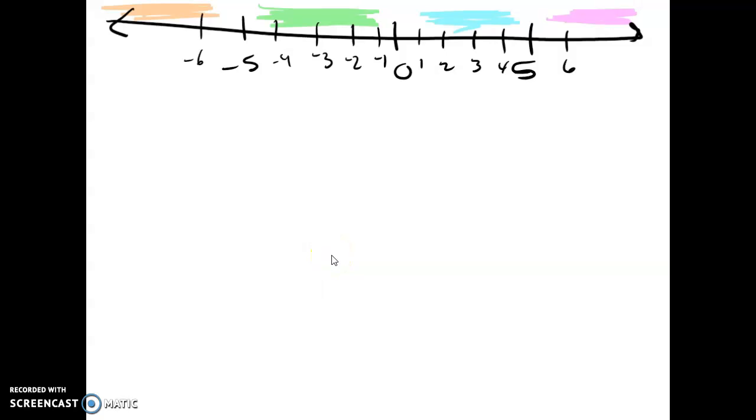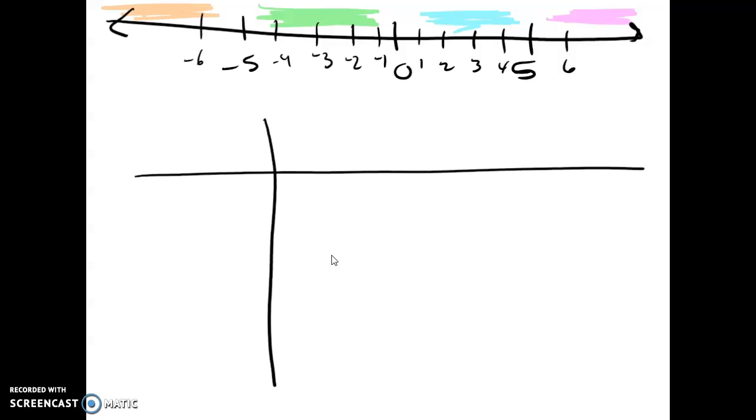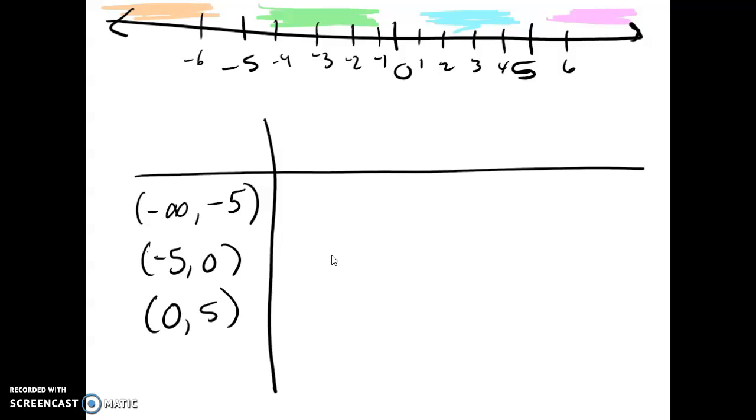And so I will have the test interval from negative infinity to negative 5. And notice I don't have to include the negative 5. I'm just doing the interval portions right now. Then from negative 5 to 0, from 0 to 5, and from 5 to positive infinity.